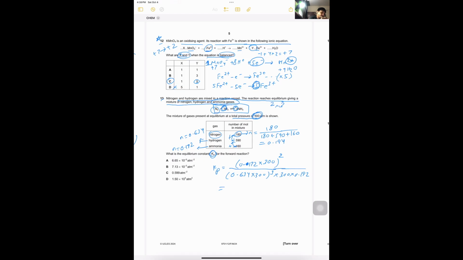Something is definitely wrong with me, because this is 194. I'm so sorry guys, 194. So it comes 6.65 into 10 to the power minus 6. So answer should be A. I'm really sorry, just messed up a few values.